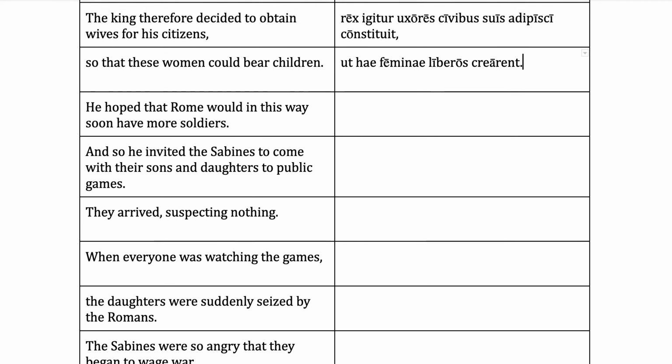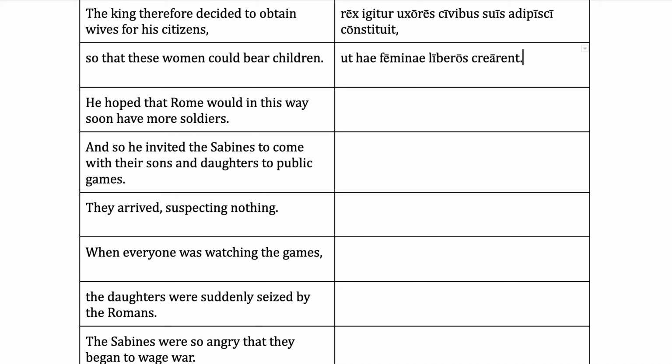Now remember, in Latin, the tense of the subjunctive depends on whether the first half of the sentence was present tense or past tense. So in this case, the first half of the sentence, constituit, he decided, is past tense, and therefore we have a past tense subjunctive in the second half of the sentence, in the purpose clause. If, on the other hand, the first half had been present tense, then we would need a present subjunctive here.